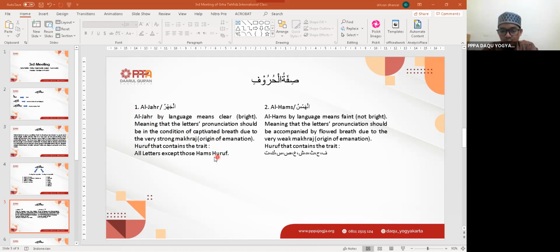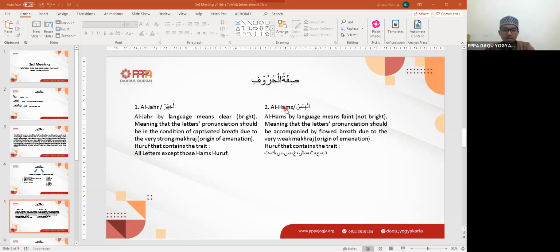So you just need to understand the term of this sifat, so you may be able to imagine which huruf is included in each sifat. So those are the two sifat. Al-jahr opposes al-hams.